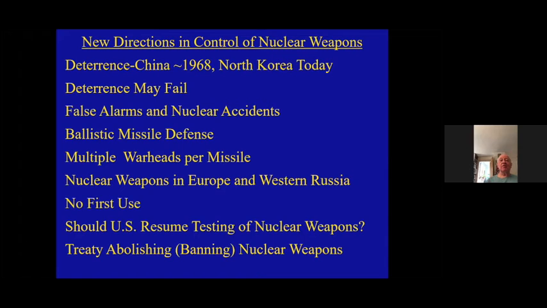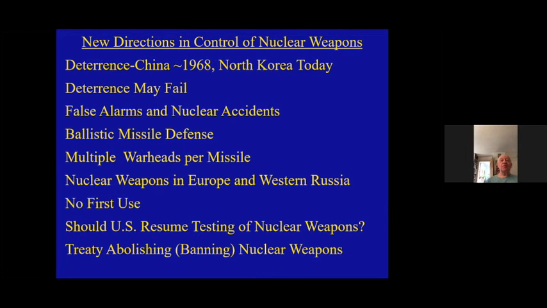There were similar discussions that went on about 1968 when China had developed its first atomic weapons. You may notice that China has enough, what they think can deter an attack by the United States or Russia or any other country. And remember, North Korea has something of the order of 5 to 15 nuclear weapons, a relatively small number.